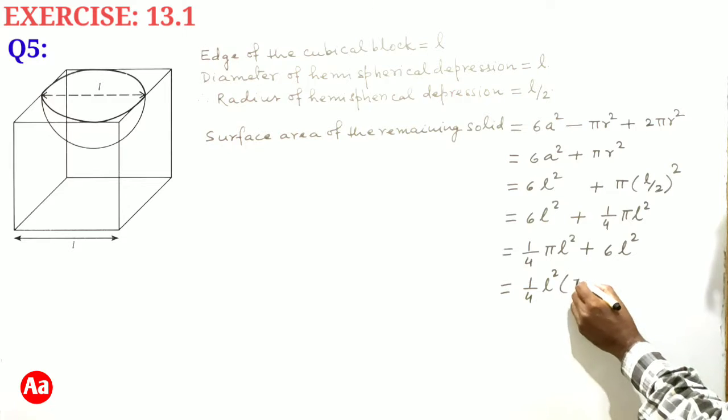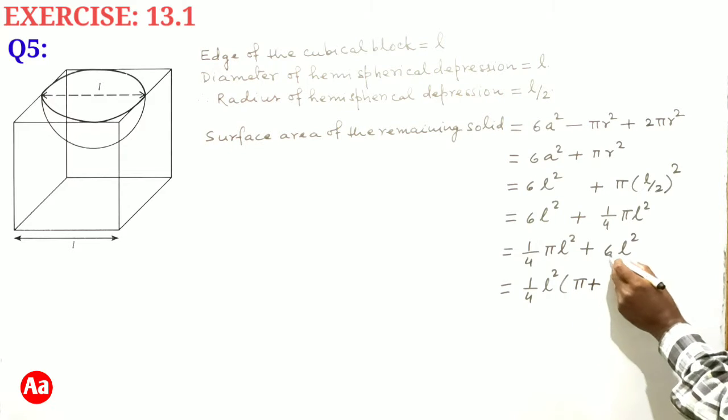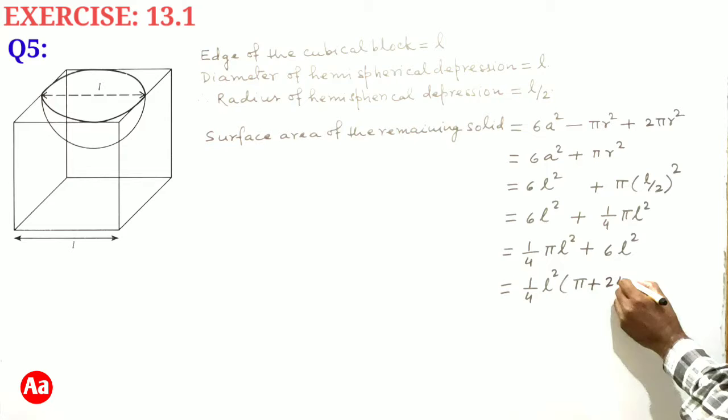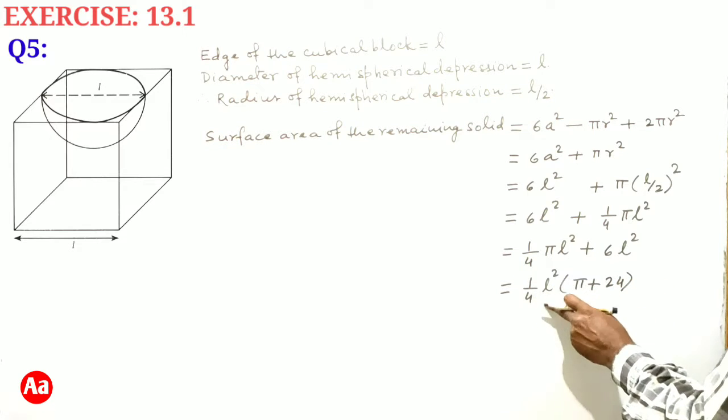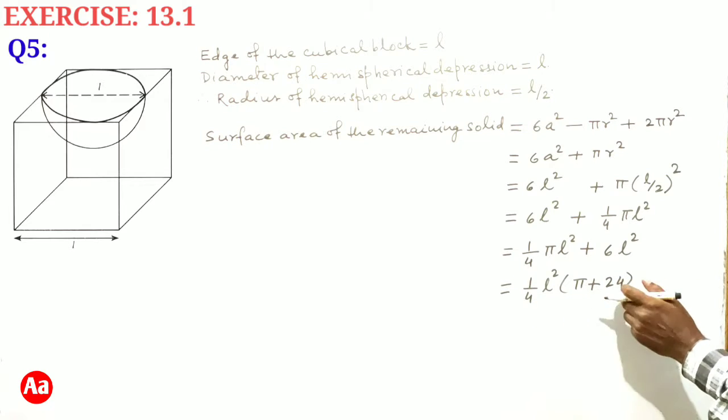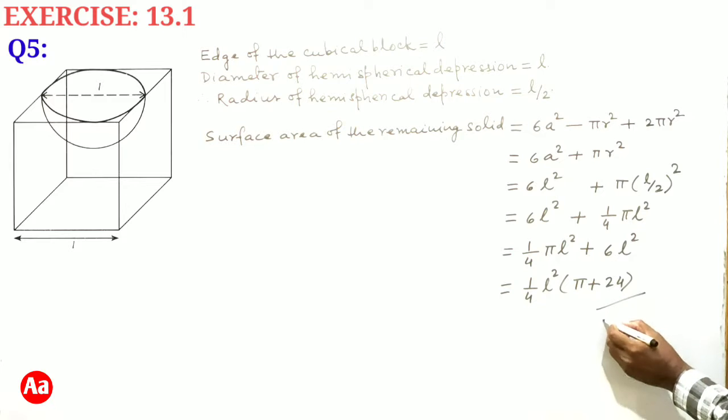So from here pi is left plus here 24. So 1 by 4 L square into pi plus 24.